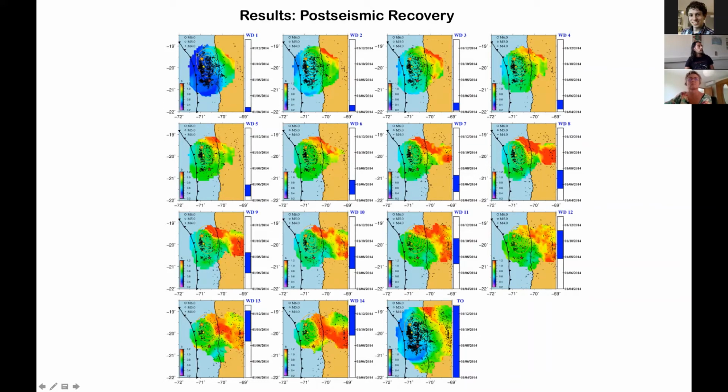And here we see that we're still in a time frame of low b-values, but slightly with time after the main shock we see the recovery of the area, increasing the b-value. Okay. Until December 2014, and then we observe here the cumulative spatial distribution of b-values for the post-seismic period. So we can see here basically the recovery of the b-value in the region.